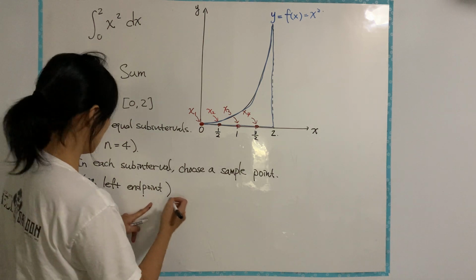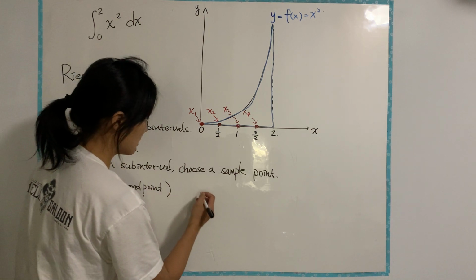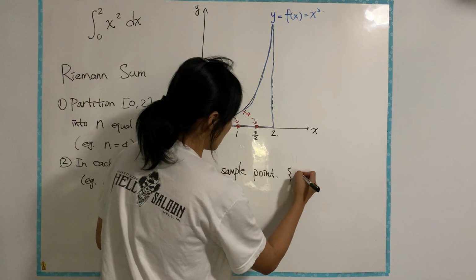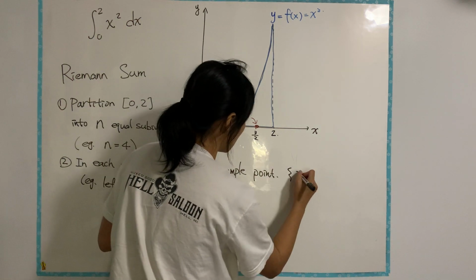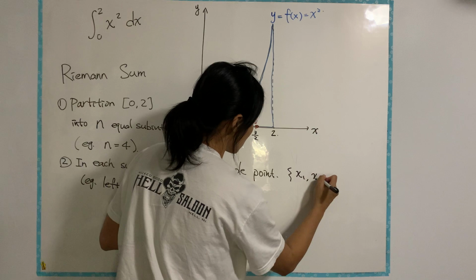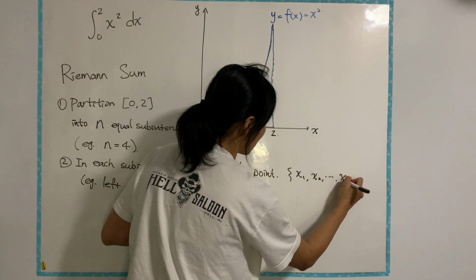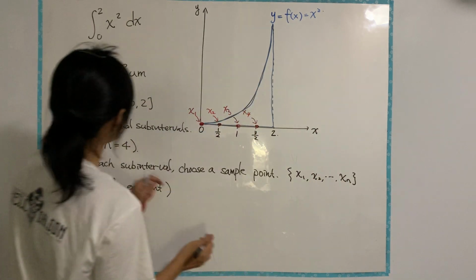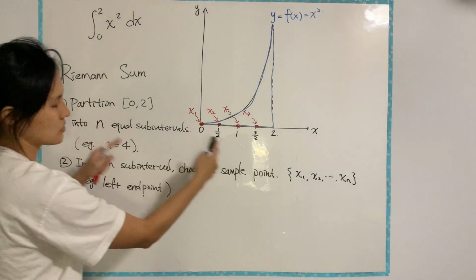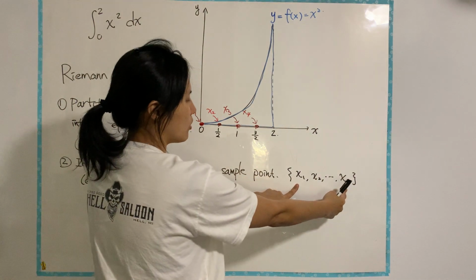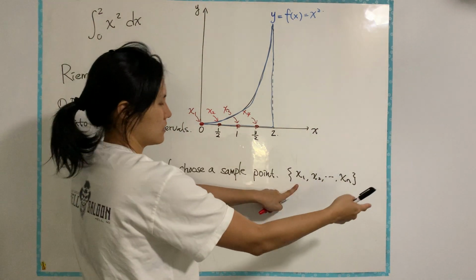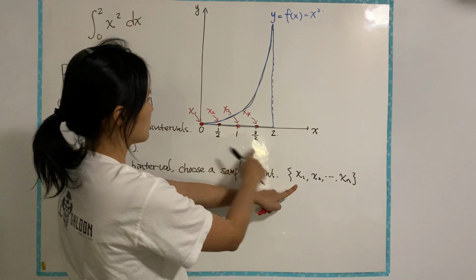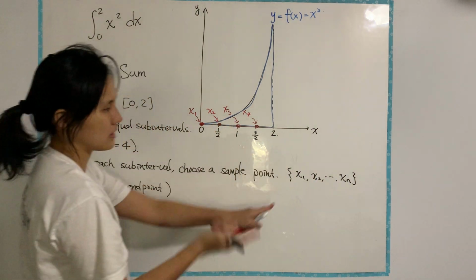So then we will have x1, x2 to xn. Okay, so I have n subintervals, then I have n points, one for each subinterval. Okay, so in this case n equals 4, so I have x1 to x4, like that.